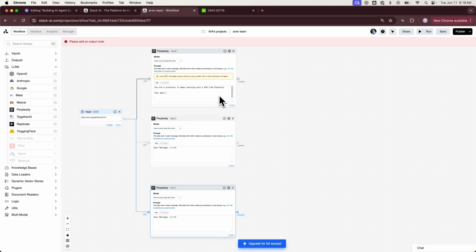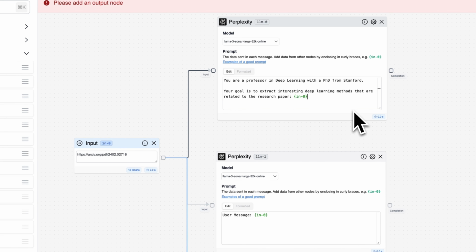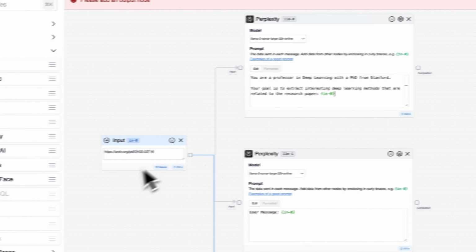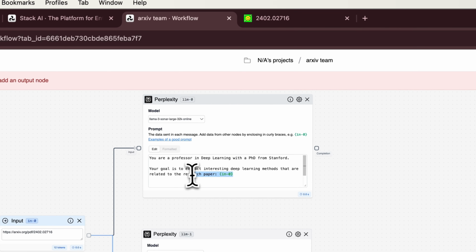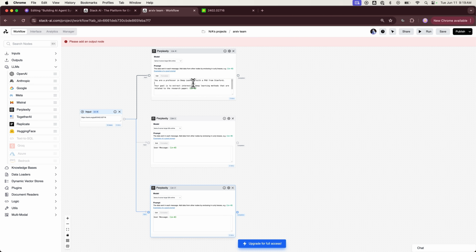And then the goal is to extract interesting deep learning methods that are related to the research paper. And here in StackAI, how the variables work is you just reference it like this. Since we connected this input to this agent over here, the agent can access the variable. Okay, really simple prompt. We just gave it simple context and then a goal to extract interesting deep learning methods, and then we'll see how that does.